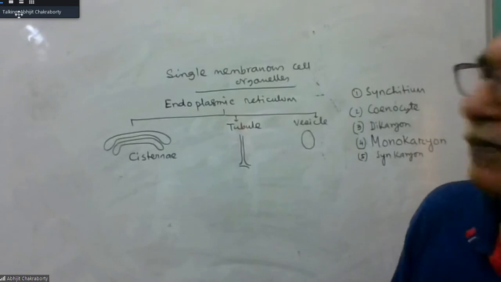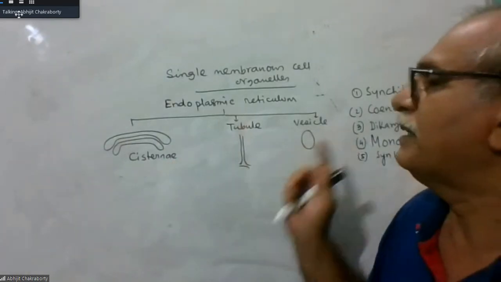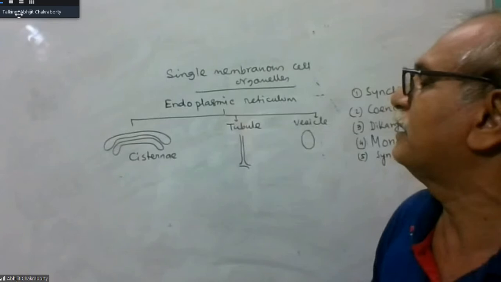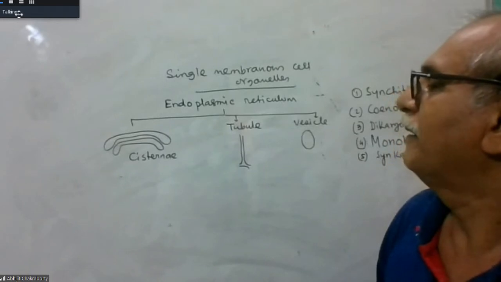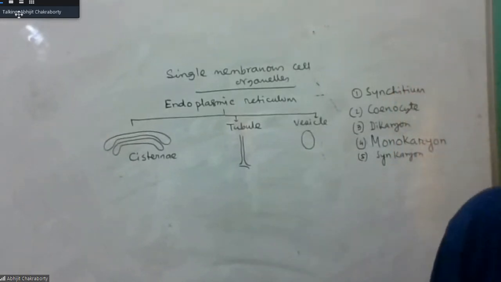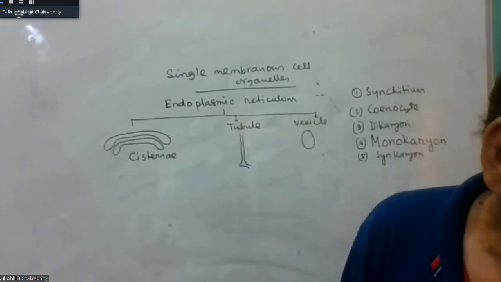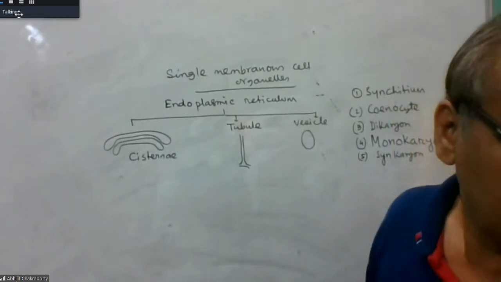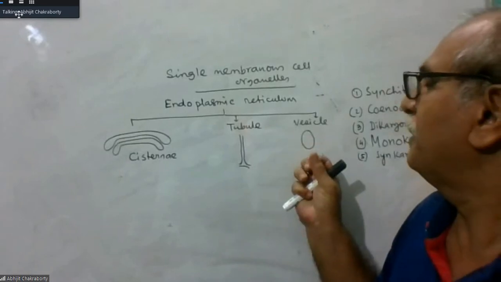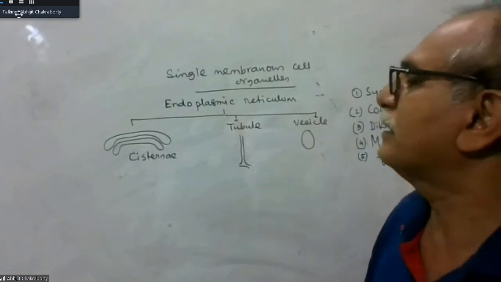It can bind to the cisternae and vesicle to form the cytoplasmic skeleton. Thirdly, the vesicle is round or oval in shape, and found in groups in the cytoplasm.